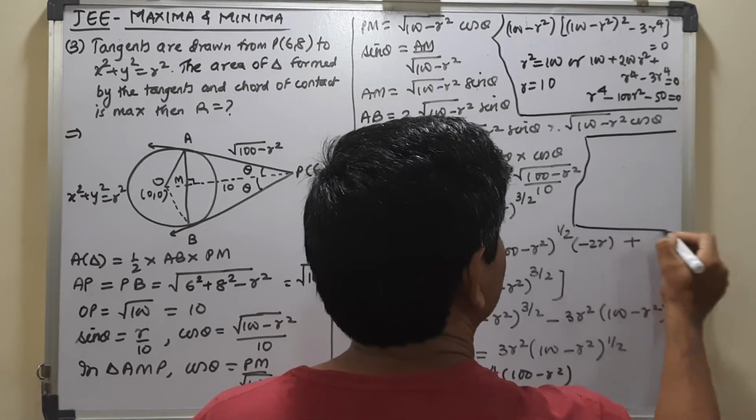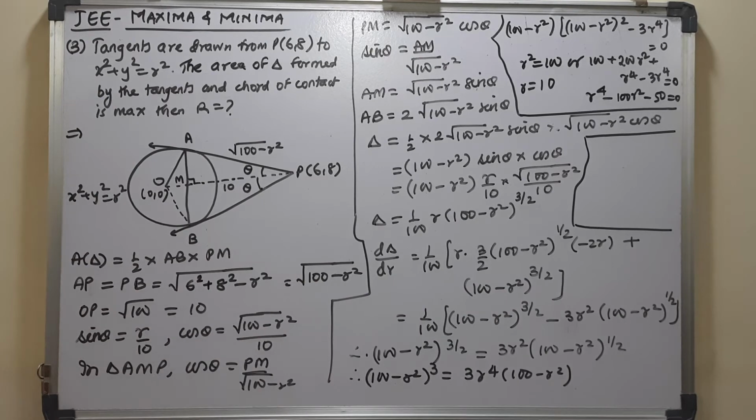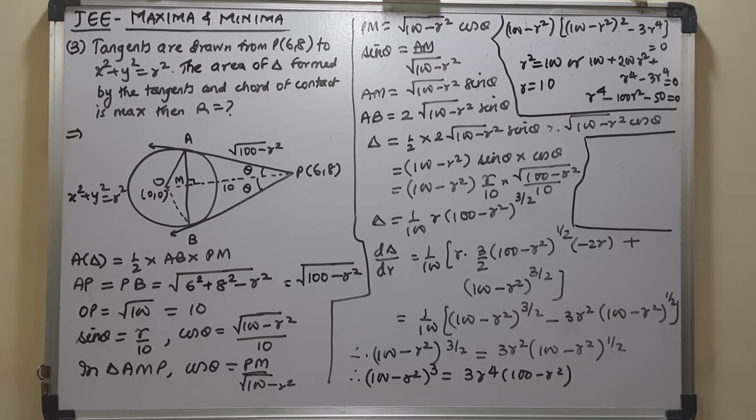Before I jump on to taking the second derivative and finding other critical points, let me check the nature at r is equal to 10. I will check the nature of the function at r is equal to 10.